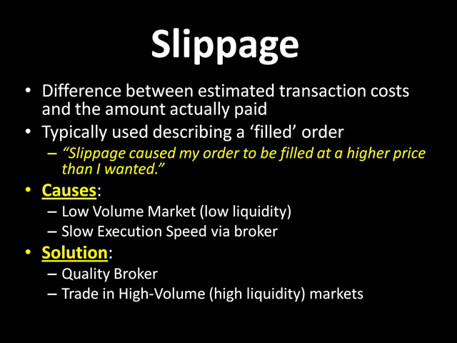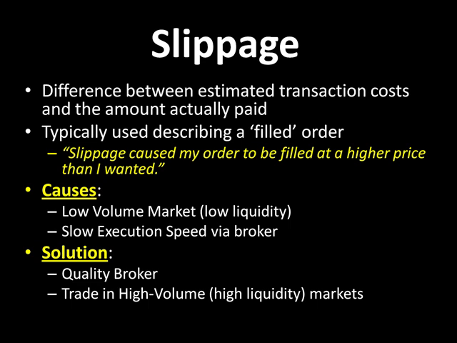Now, some of the causes of slippage are low volume environments, so less liquidity than we'd like to see. In other words, if we're trying to get 10 contracts sold, I need to find 10 buyers. So having more liquidity or more market participants at every price level will avoid slippage. And another cause, which is usually not the biggest concern, is a slow execution speed from your broker.